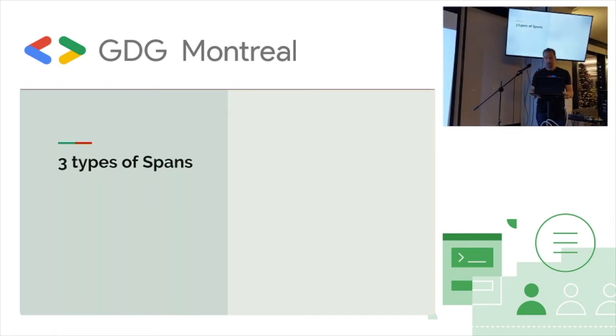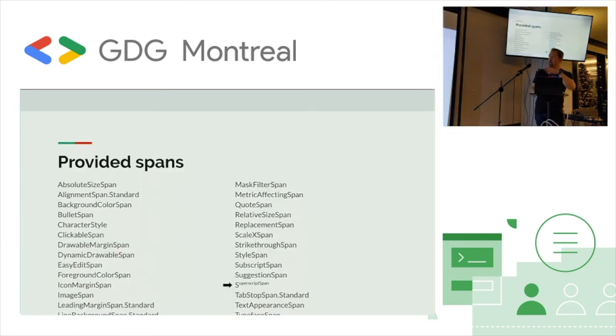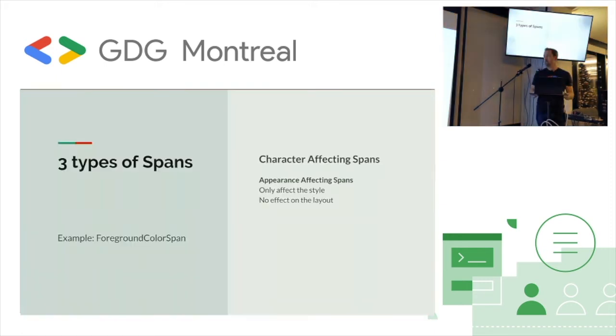So how do they work? There's 3 types of spans. So you can either affect characters, so start index, end index. In that case, that would be character-affecting spans. So in the list before, most of them, except for the bullet span, are character-affecting spans.